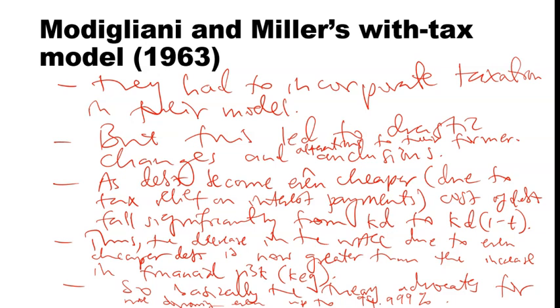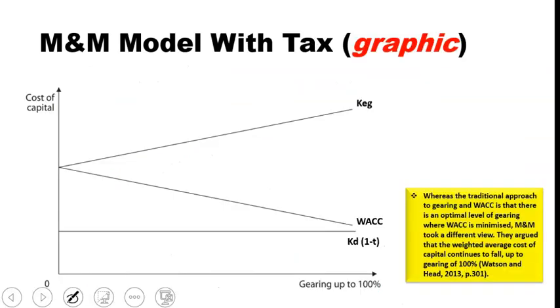Let us draw the graph of this model, the M&M with tax. This is the graph, ladies and gentlemen.